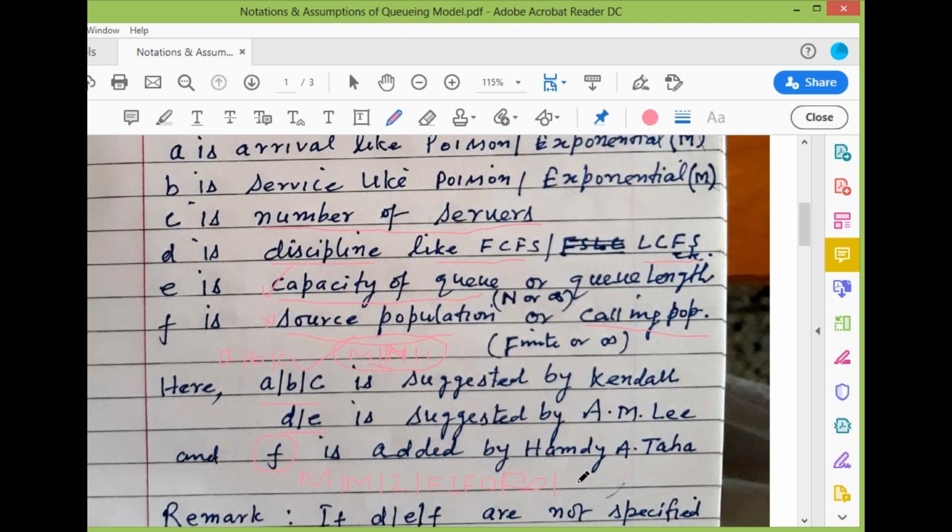If the source population is infinity, very large, then infinity. So this is a way of expressing the queuing model in particular symbols or notations.